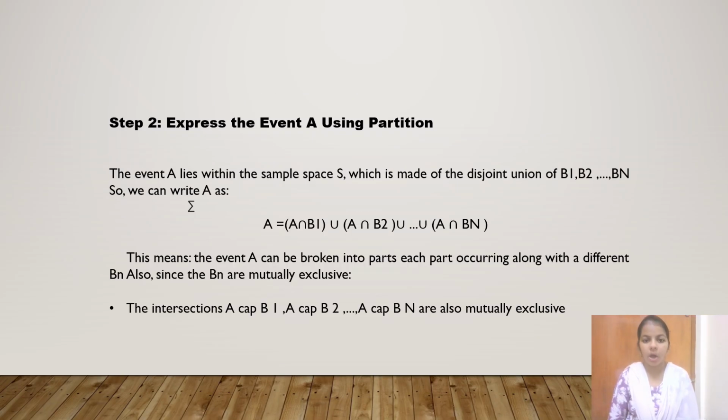For step 2, express the event A using the partition. The event A lies within the sample space S, which is made of the disjoint union of B1, B2 and so on up to Bn.